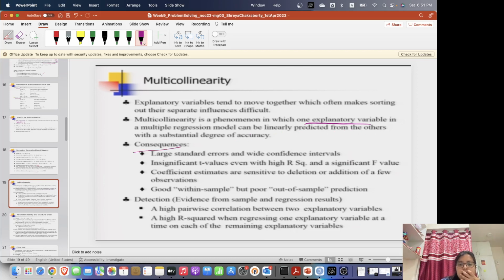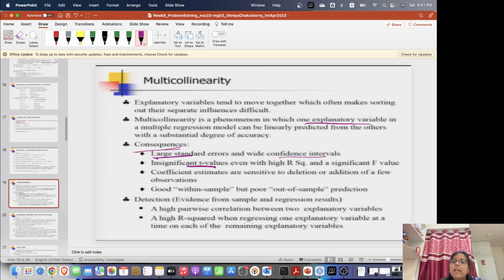And then we also discussed the consequences: large standard errors, wide confidence intervals, highly insignificant t values with a highly significant f value, and coefficient estimates that will be sensitive to addition and deletion. And the most important thing is, because of these things, it will give good within-sample but poor out-of-sample predictions.